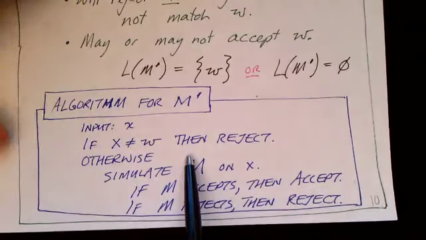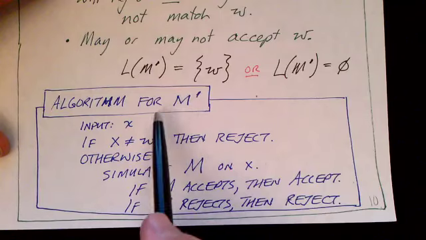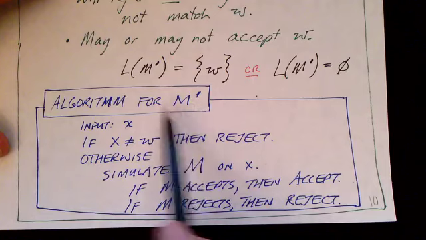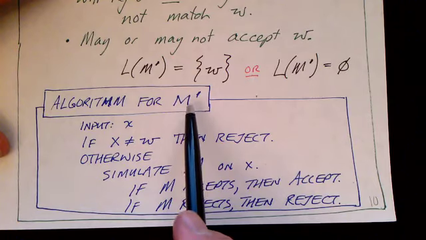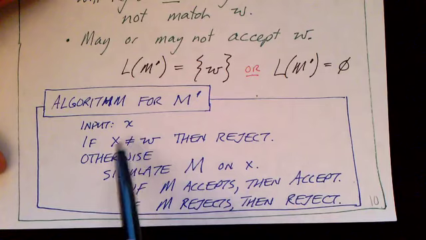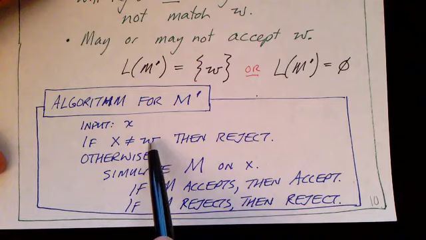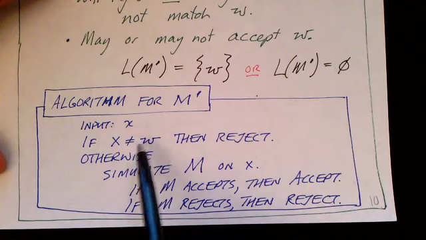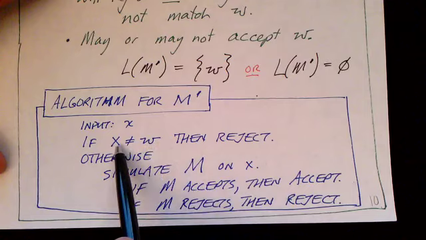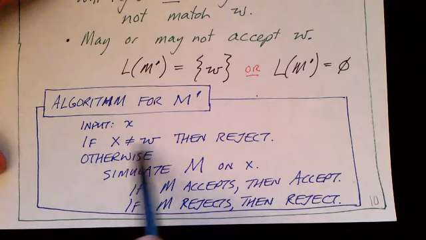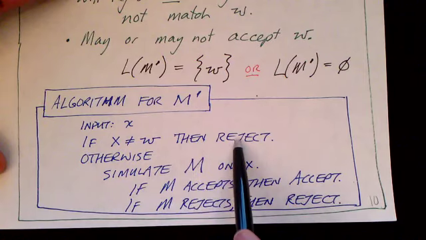And here's the algorithm for M prime. Okay? First of all, algorithm S constructs this new Turing machine M prime. And what that Turing machine does is it first takes its input and checks it against W. It compares it to see whether its input is W. Remember, when S constructs this Turing machine, W is an input to algorithm S along with M. So W can be treated like a constant, and we can create code to compare the input on the tape to W, and if they are not equal, we reject.